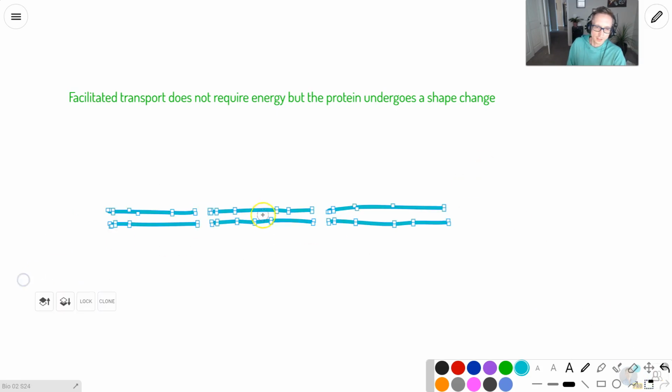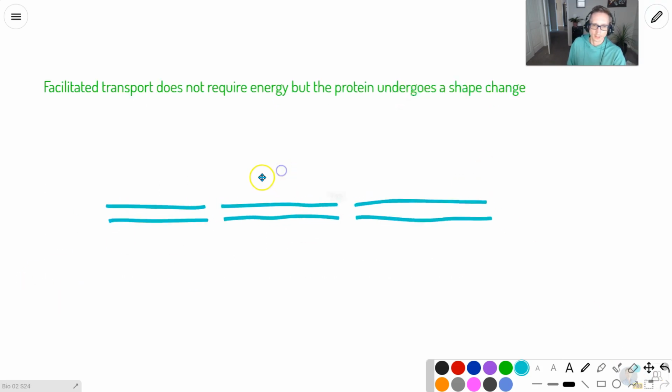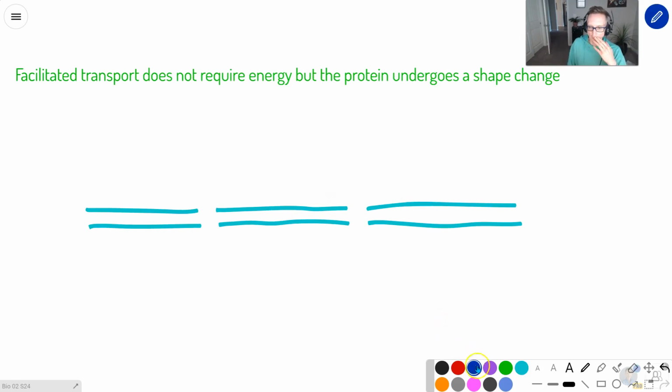So with these, the basic idea is we've got our protein, let's say, in blue. Let's just draw it like this, nice and simple. Easy peasy. Very easy, okay?